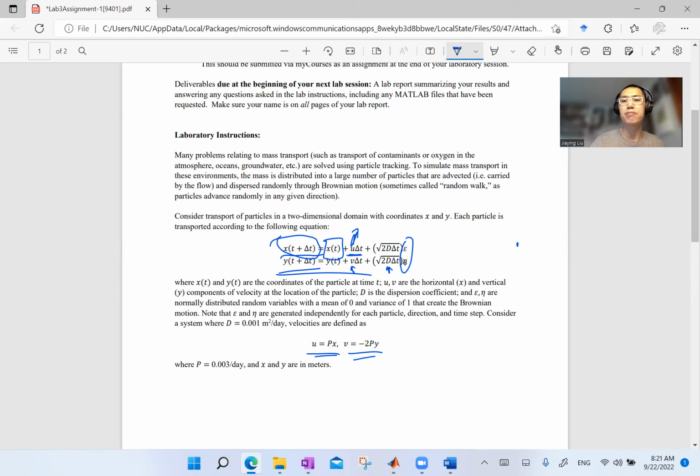If a particle is here, then the epsilon and the eta are saying it has this possibility of moving around in the neighborhood randomly. This is the formula that we're going to use, and in order to use it, we need the velocities and the constant coefficients. Any questions?